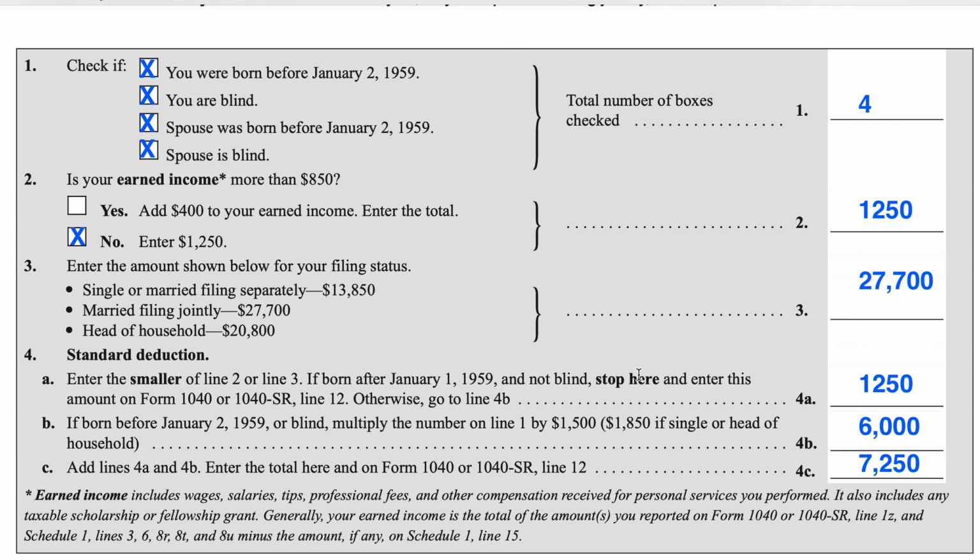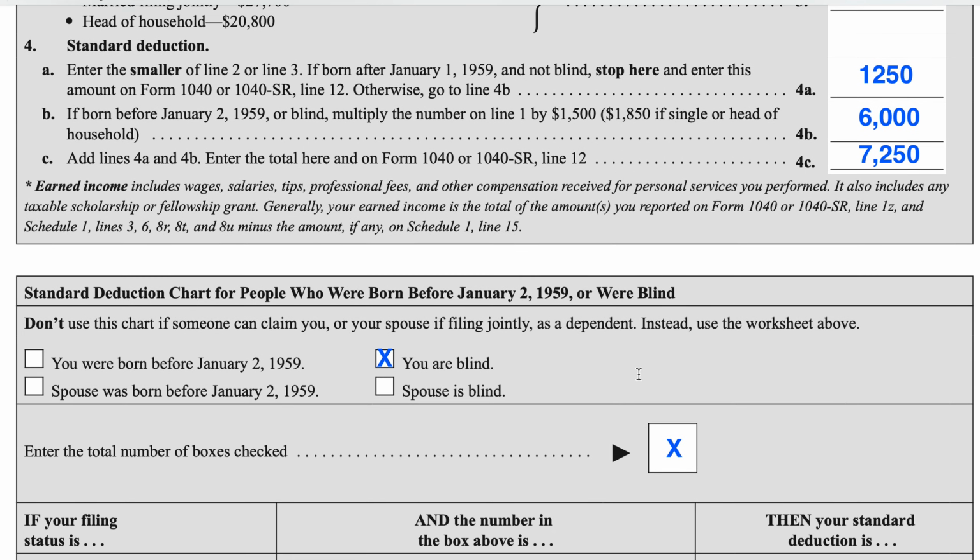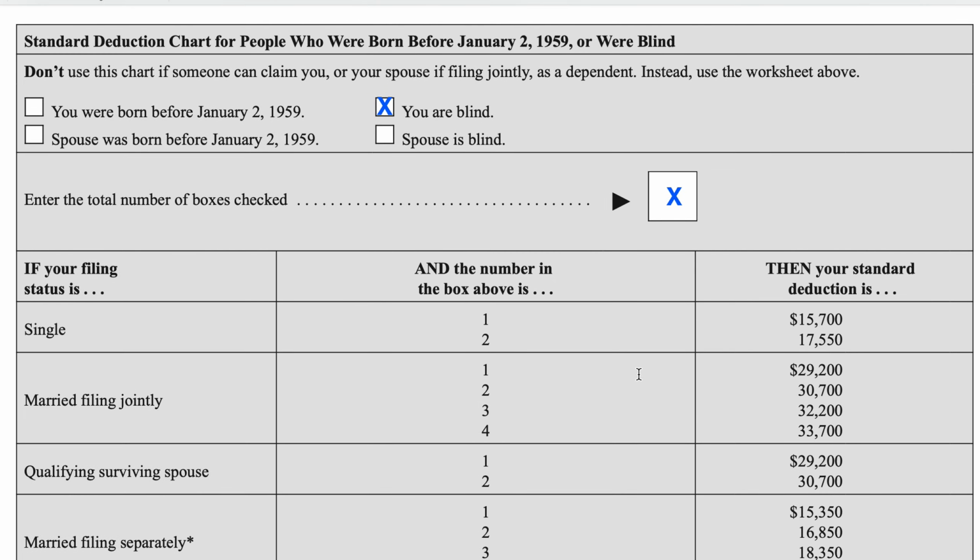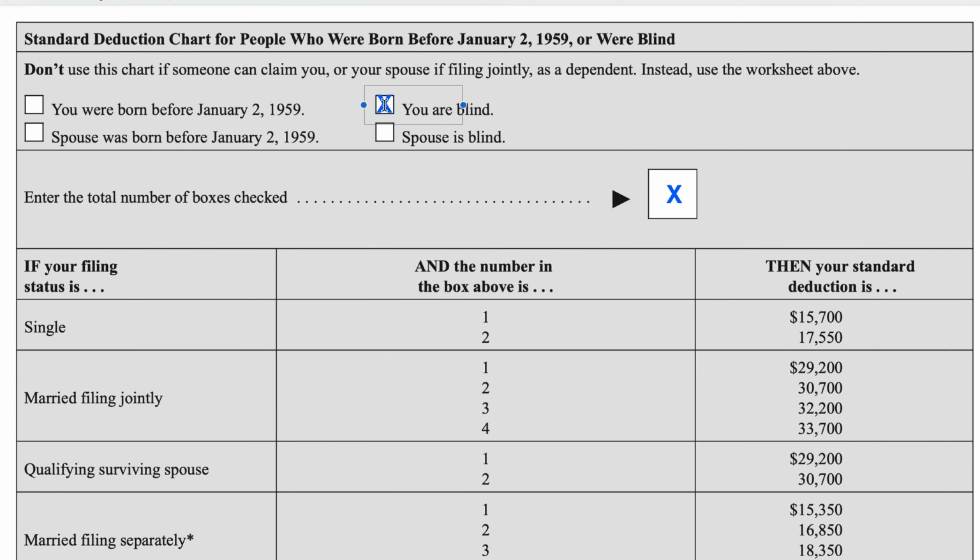So there you go. Let's take a look at the bottom of this chart for people who were born before January 2nd, 1959 or were blind. And let's just say it's the same scenario where John Doe and his wife get to check all 4 boxes. And now we're going to enter 4 boxes checked.